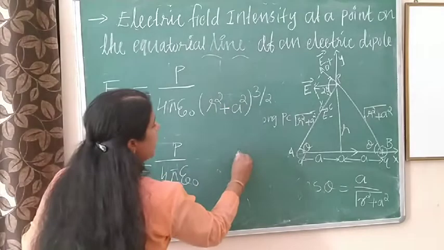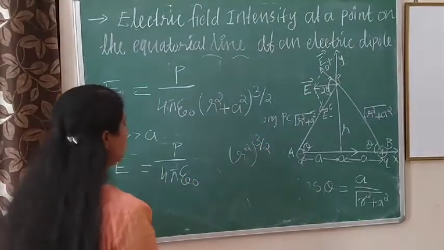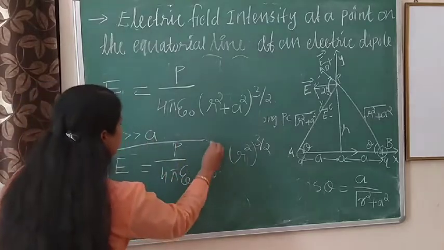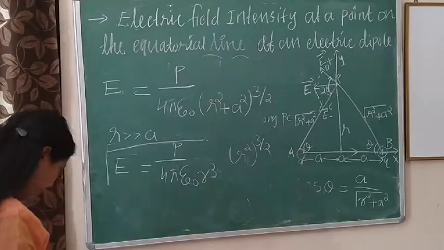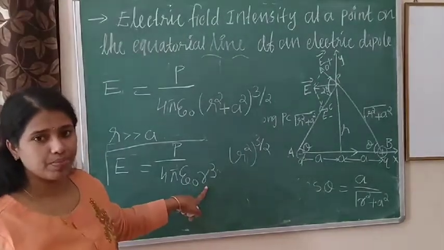A is neglected. Then R² raised to 3 by 2, the 2 is cancelled, we get R³. Then our final equation is E equal to P by 4π epsilon naught R³.